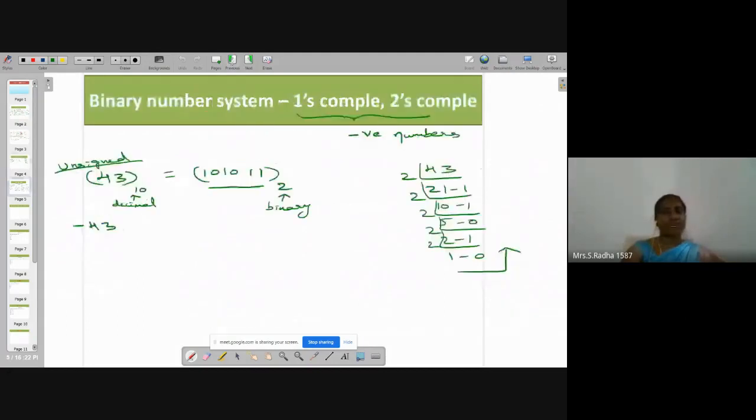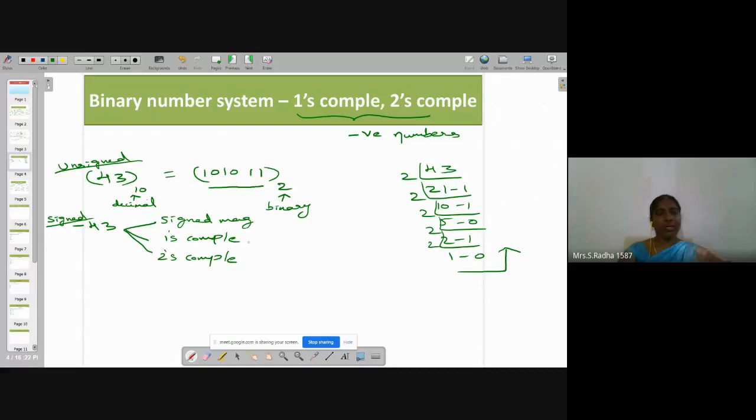If you see minus 43, this is a negative number, so we have to go for signed representation. In signed, for negative numbers you have 3 different types of representation: signed magnitude representation, ones complement representation, and two's complement representation. For negative numbers, ones complement and two's complement are used.